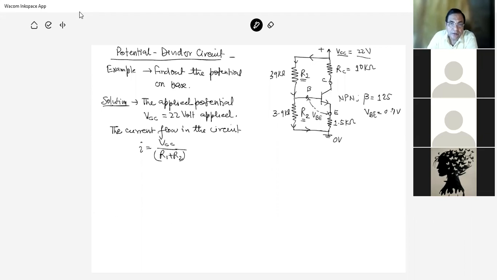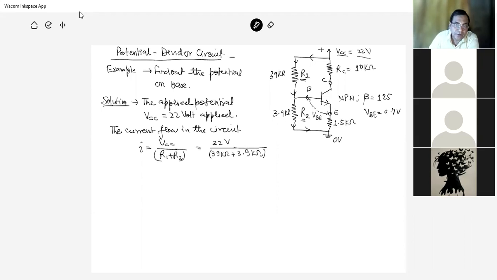So the base voltage. How much is this value? This is 22 volt and this is 39 kilo ohm plus 3.9 kilo ohm.